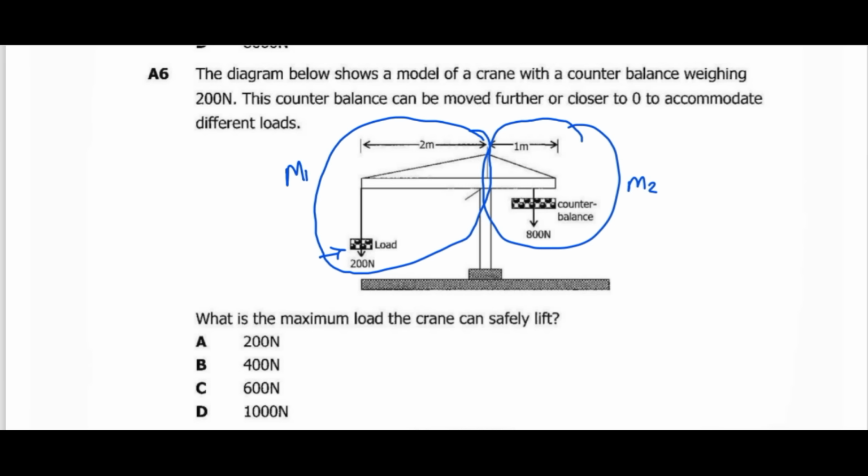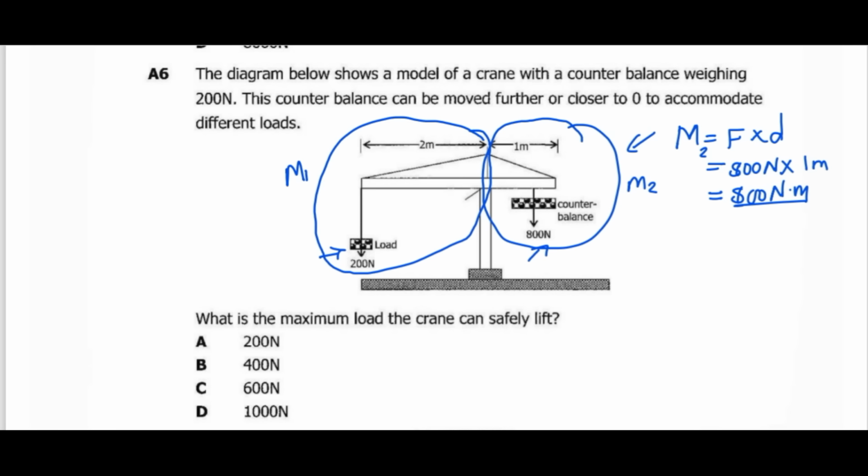We know that moment is equal to force multiplied by distance. For moment 2, our force is 100 newtons, multiplied by our distance of 1 meter. So if we multiply 100 by 1, it's 100 Newton meter. So this is our moment on the right side.